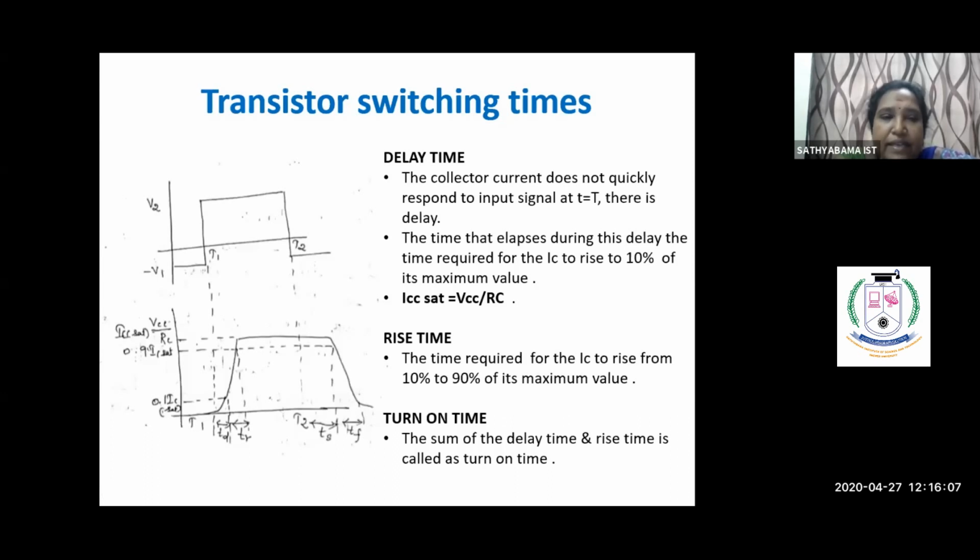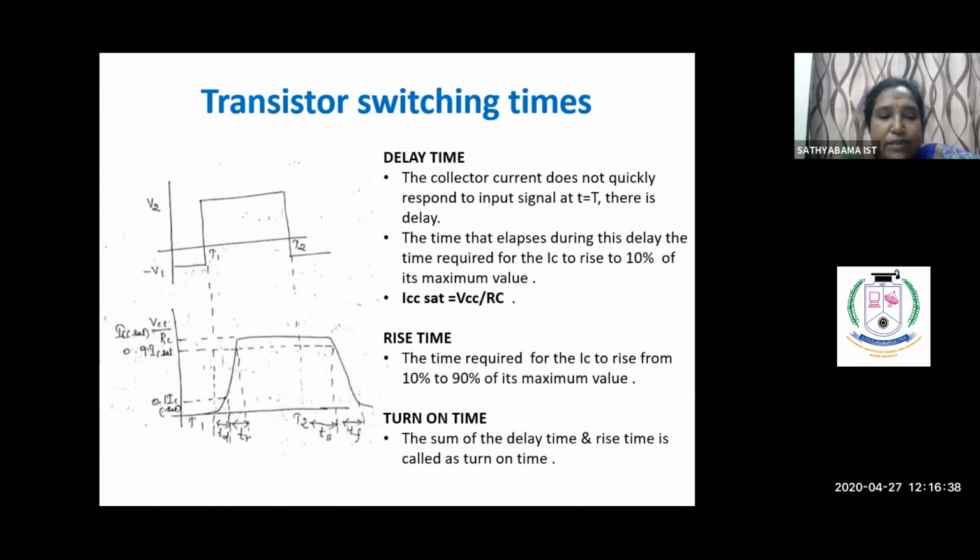In the second graph, the x-axis is time and the y-axis is the IC current, with 0.1 IC saturation and 0.9 IC saturation, and 100% is equal to VCC divided by RC. From this graph we are going to analyze some of the terms.